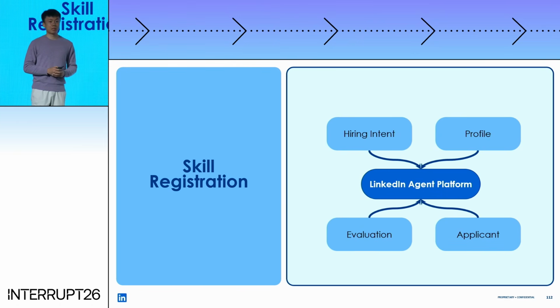In terms of skill registration, the LinkedIn agent platform allows different teams to register their own skills based on, for example, their teams or their business needs. And we specifically make use of the hiring intent skills, profile, evaluation, and applicant skills to achieve our functionalities.